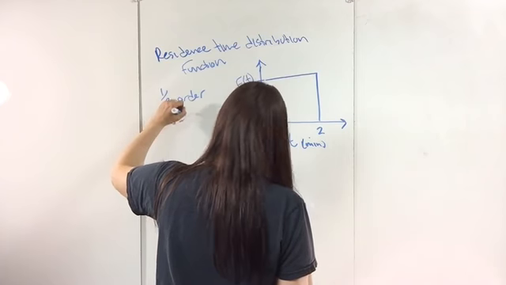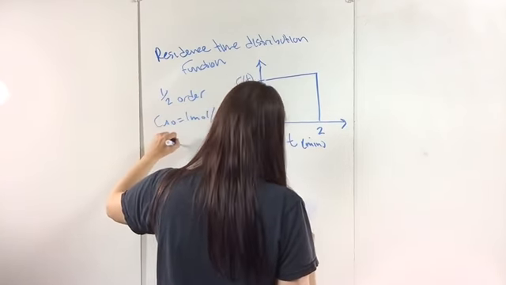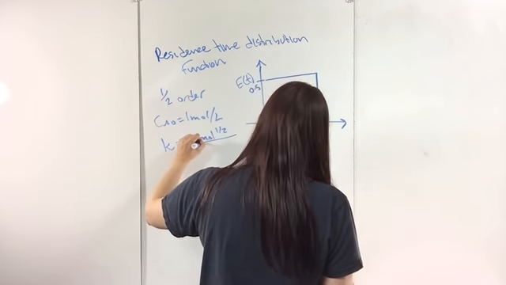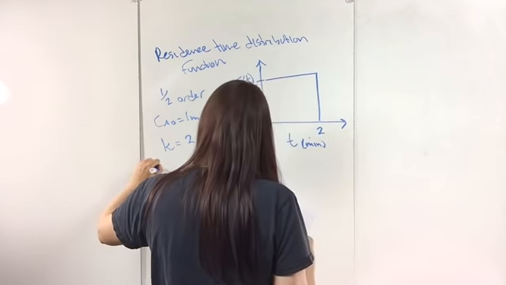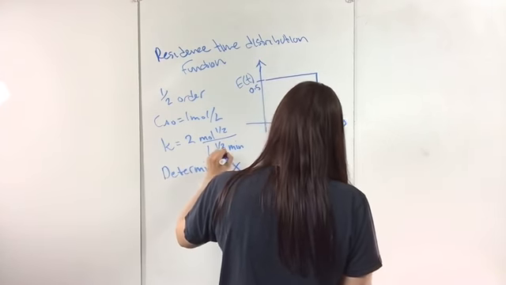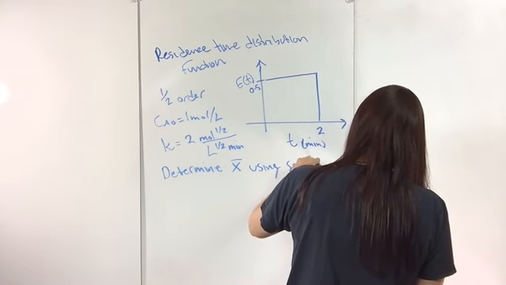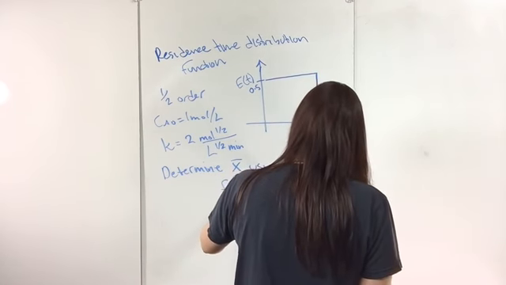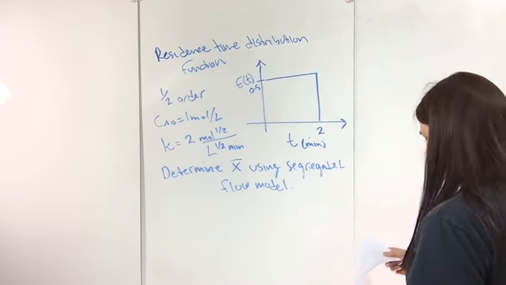Ca naught is equal to 1 mole per liter, and k is equal to 2 moles to the 1/2 per liter to the 1/2 per minute. It says determine X using the segregated flow model.